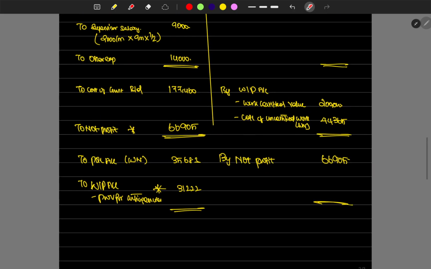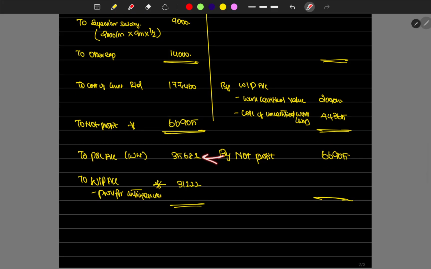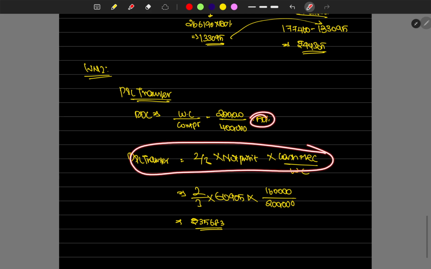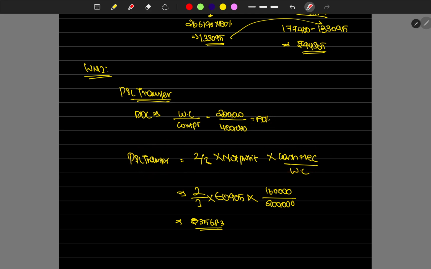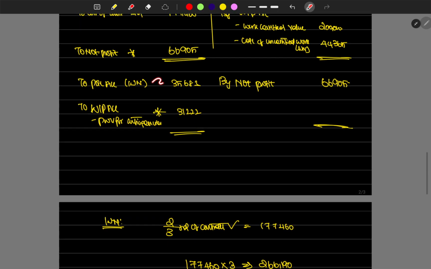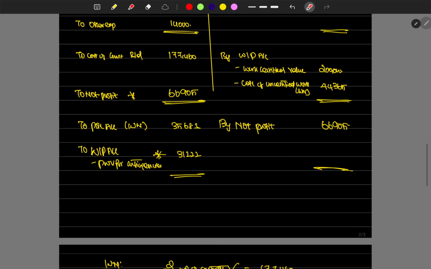So we found out the notional profit, 66,905. For the P&L transfer, we found that the degree of completion is 50%. So we chose the formula which is 2/3 of the notional profit into cash received into work certified. That value is 35,683, so that is the P&L account. Provision for contingency we found out as the balancing figure. That's it. Thank you.